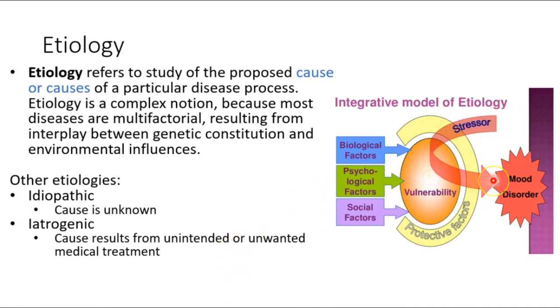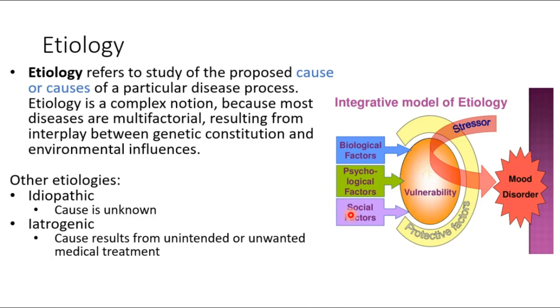Usually there's going to be an environmental stressor, for example. This is an example for a mood disorder where a person is vulnerable and then a stress is going to overcome any protective factors, and then they're going to probably have a biological underpinning to that mood disorder. There's probably going to be social factors in their mood disorder. So it's very complex and intermingled.